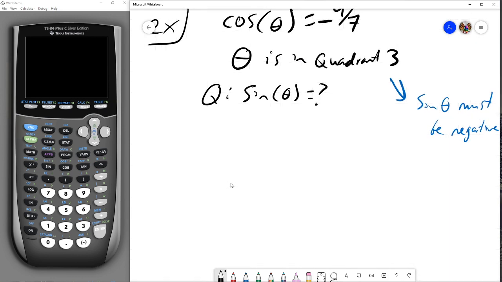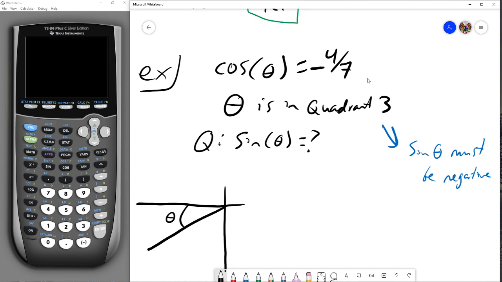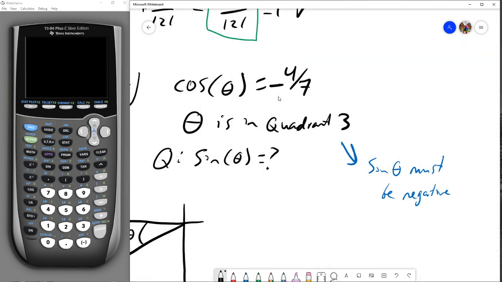Since we're in quadrant 3, I'm going to focus on this bottom left corner of the graph. We have our angle here, here's our theta. If we think about rewriting this cosine, remember cosine theta is equal to x.